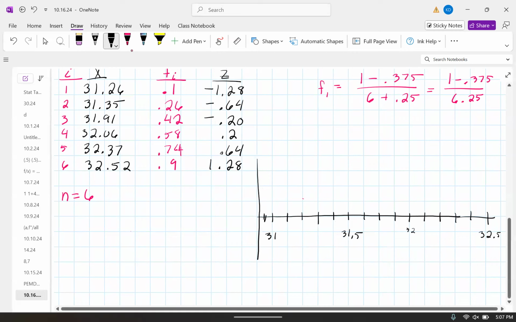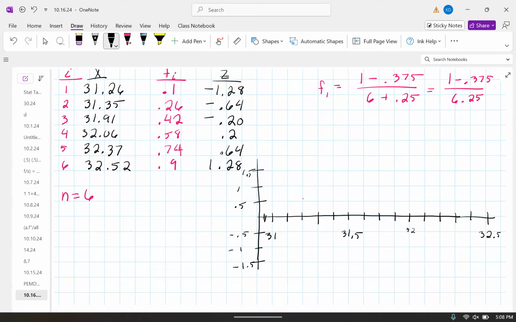Push my data values in there as best I can, with my Y values on there too. I'm going to go by 0.5s up to 0.5 and negative 0.5. That'll be good enough for our purposes. This is just a sketch graph.